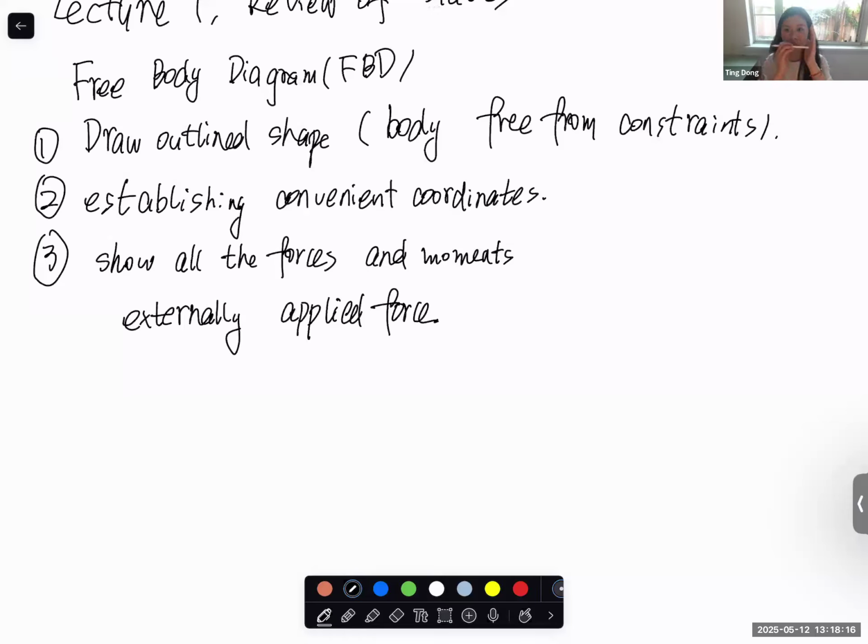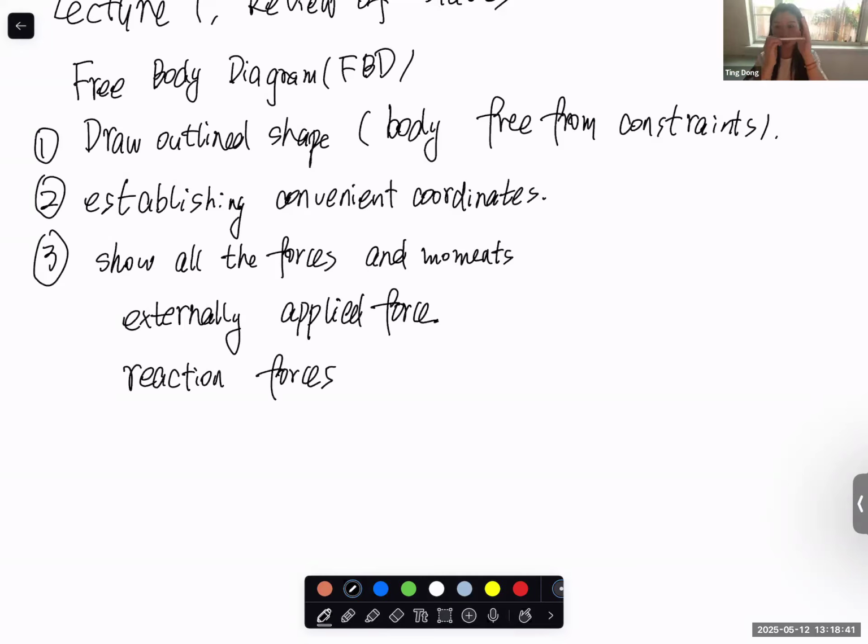And the other one is the reaction force. As I said, you need to be free from the constraint, so separate from the wall. And now you put the reaction force on the clamped end. These reaction forces depend on the situation.